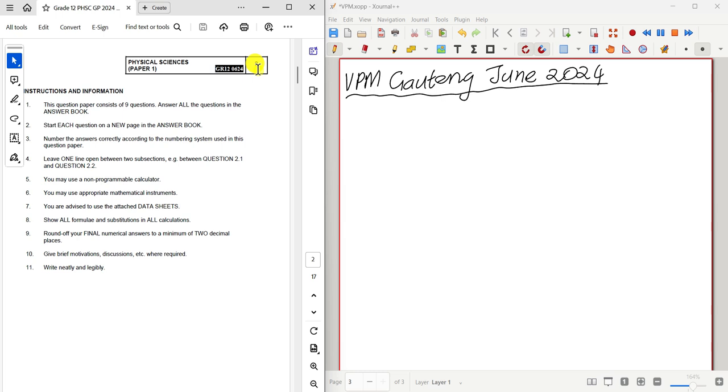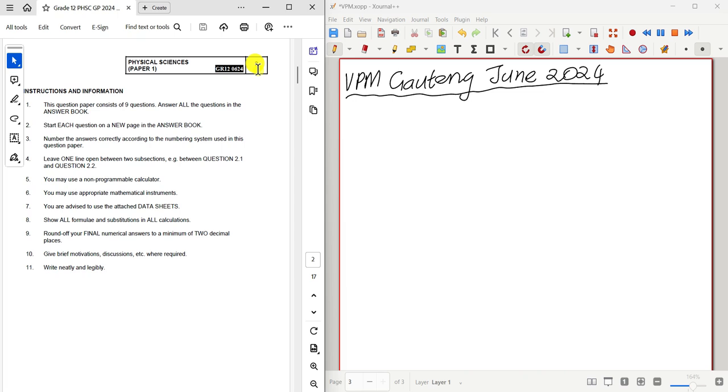A further tip: in the middle of your calculations, only round off to about 4 to 5 decimal places, and only round off to 2 decimal places on your final numerical answer. Then, instruction 10, give brief motivations, discussions, and so on where required.